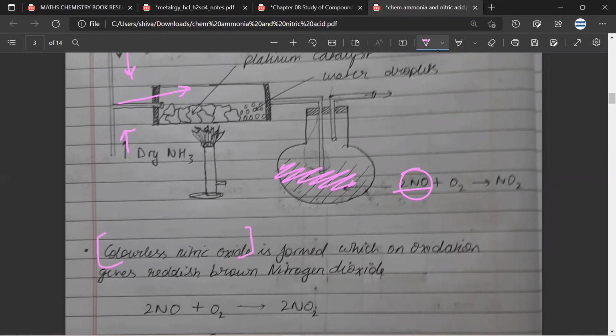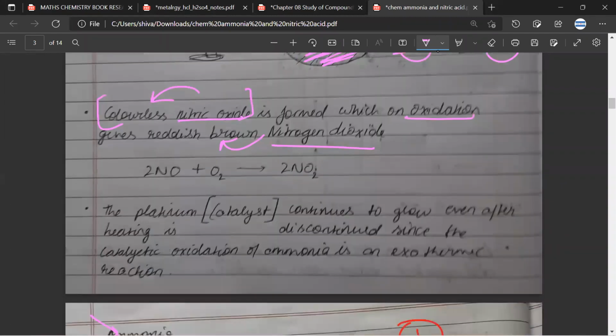Colorless nitric oxide is formed, which on oxidation, oxidation meaning addition of oxygen, gives reddish brown nitrogen dioxide. First the nitric oxide was colorless, but now nitrogen dioxide, or NO2, is reddish brown. So you would see a reddish brown gas formed in the flask. And this is the reaction: nitric oxide plus oxygen gives nitrogen dioxide.